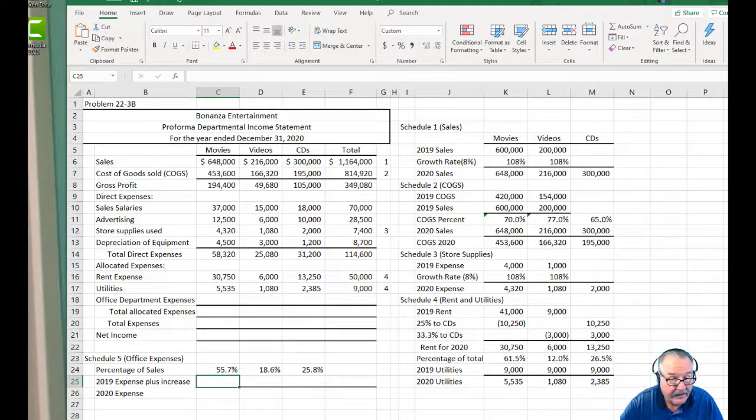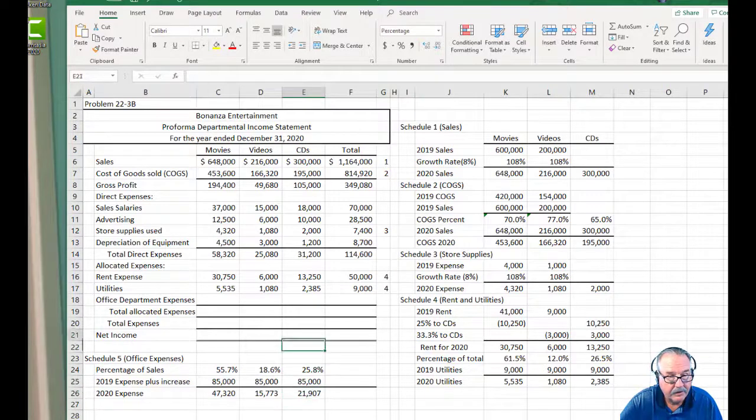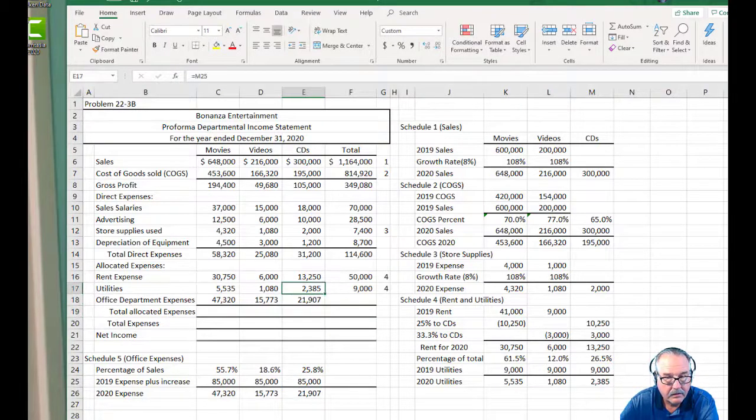My expenses went up. So the total expenses that we expect for the office is 85,000. So if we multiply the 85,000 times each one of the percents, we will get 47,320, 15,773, 21,907, and the total should be the 85,000.